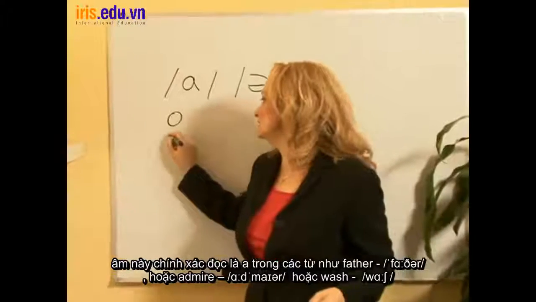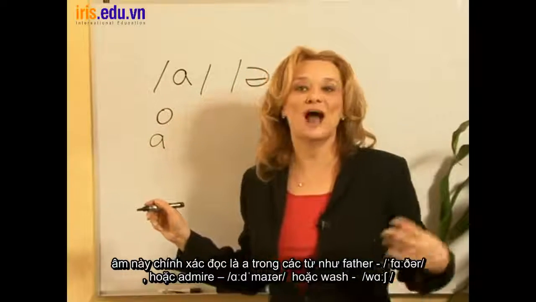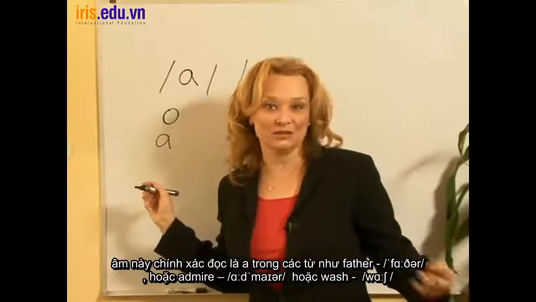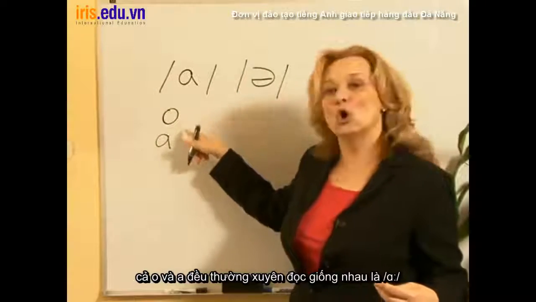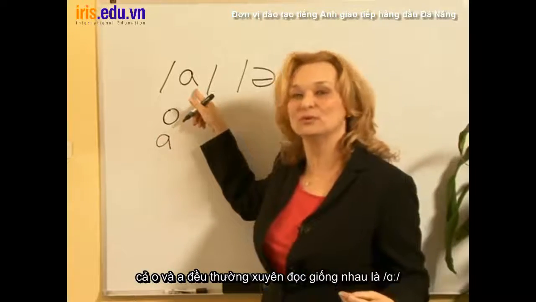It's pronounced exactly as the ah in the words father or army or watch. So the O and the A both have the same sound very frequently, which is ah.